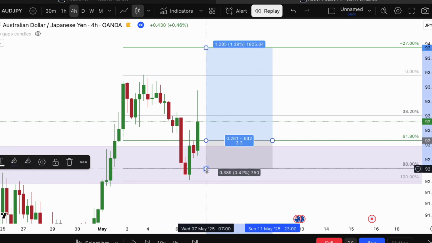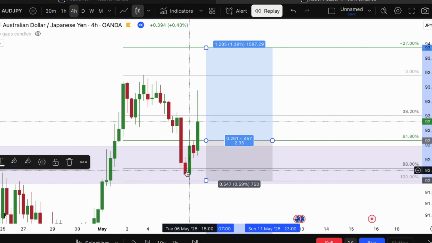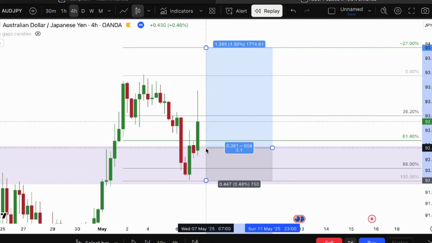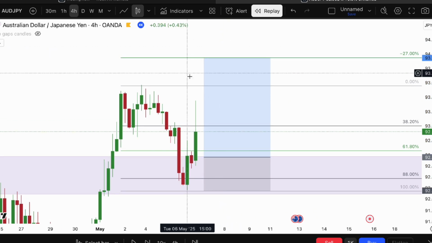So I am going to adjust my stop loss, put it right here on the 100 level below the close of this structural low, and my entry I'm going to pull down to get at least a 1 to 3 risk to reward. Your take profit always stays on the negative 27.